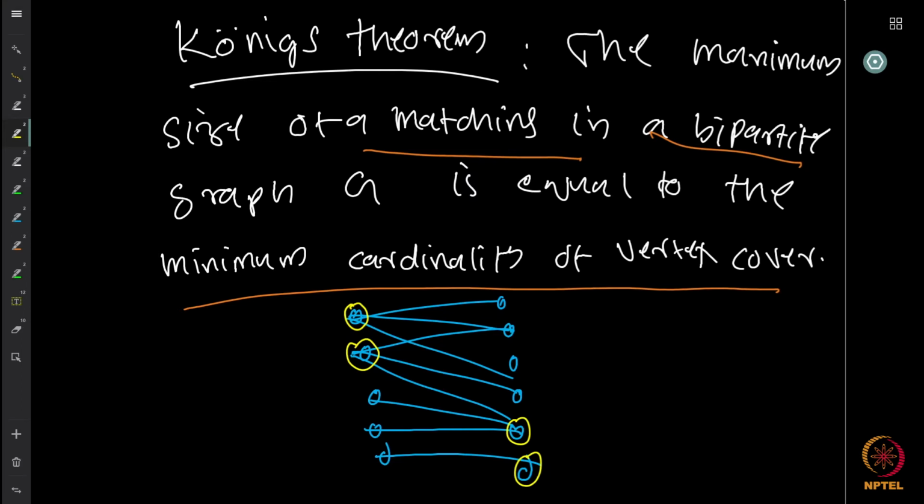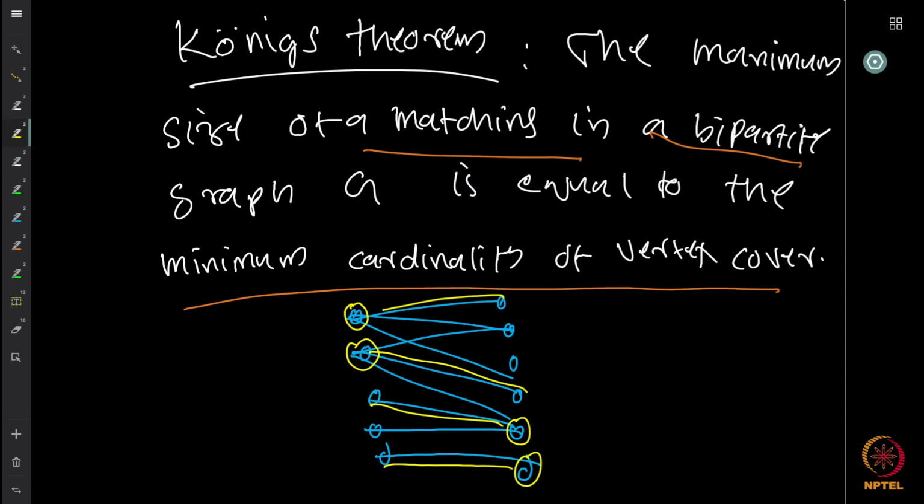So you will not be able to find a matching of size larger than this. Similarly, you can always find a matching of this size. That is why it is interesting. For example, I can just pick this one, then this one, this one and this one. This is a matching of size 4, but you will not be able to find a larger matching.